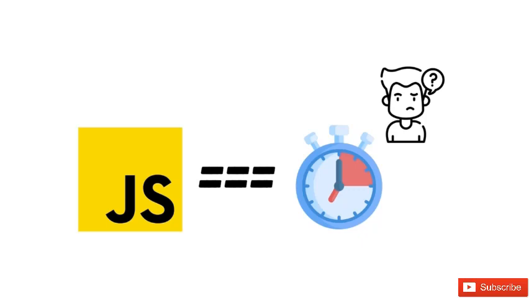When JavaScript is run in certain environments, like your browser or Node.js, it allows us to write asynchronous functionality. But this functionality, like setTimeout, isn't strictly part of JavaScript.